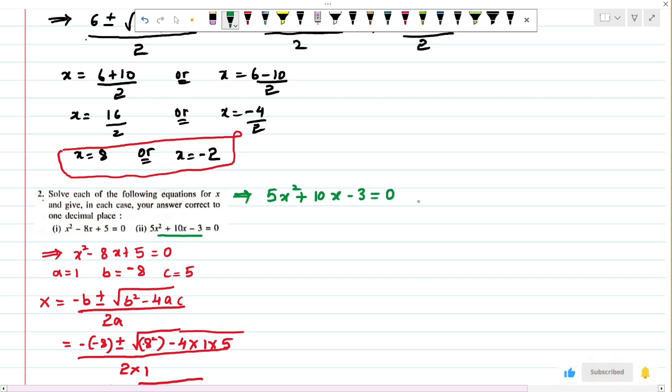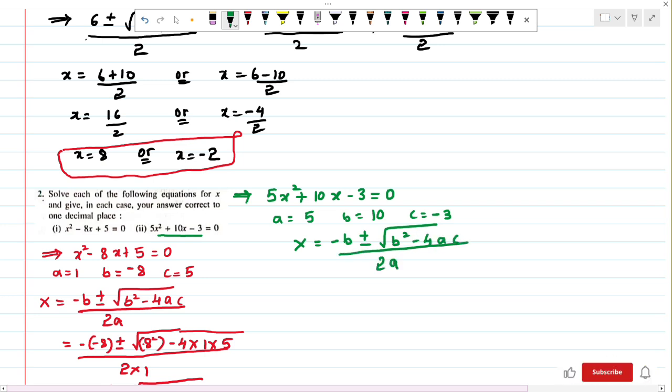So I'll write the values of a, b and c. A is 5, b is 10 and c is minus 3. So if I write the formula, that is x is equals to minus b plus or minus root of b square minus 4ac divided by 2a. So I'll substitute the values here.